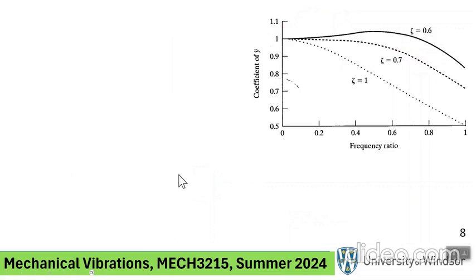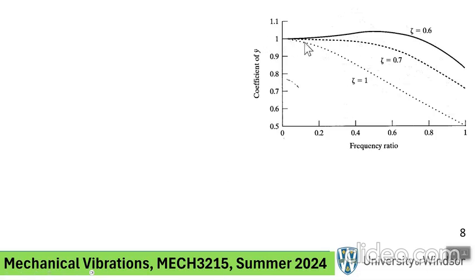Now, notice that the damping also plays a role here, because close to the zero R value, that magnification factor, 1 over the square root of that expression, depends on the damping ratio, right? You can see that. And notice that for the damping ratio of 0.7, what we said is pretty much correct.